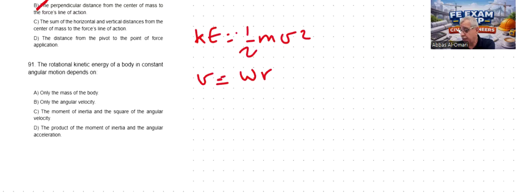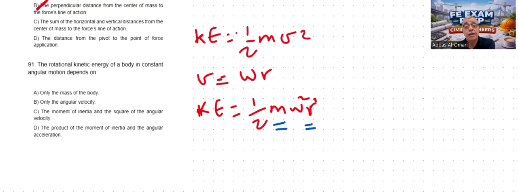So kinetic energy equals half m omega squared r squared. I just substituted v with omega r. So now we know that mr squared is the moment of inertia.